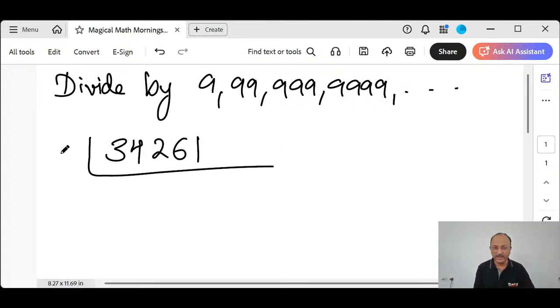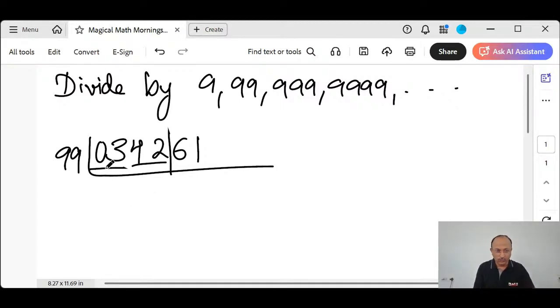I want to divide by 99. What we have to do? Two digits are there in the nines, so I will remove two on the right side. Remaining numbers I'll group in the form of twos. But the last group, from right to left, has only one digit. So I will keep 10 here to avoid any confusion.